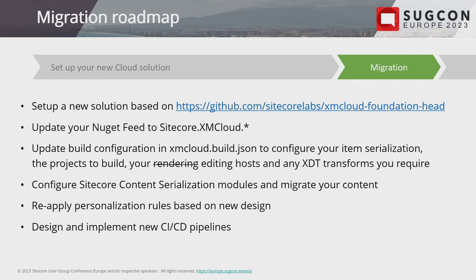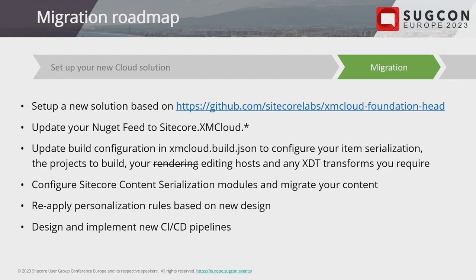Update the build configuration in the XM Cloud build JSON, configure your item serialization. That's actually those you want to embed as resources. Configure the projects that you want to build and your rendering or editing hosts, because that's what's included in XM Cloud, not your actual rendering, because that's in your front end, and any XDT transformation that you require.